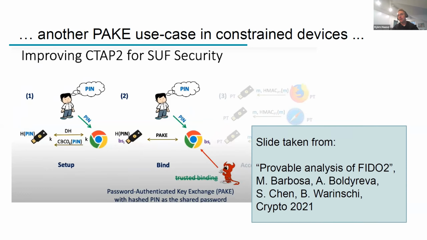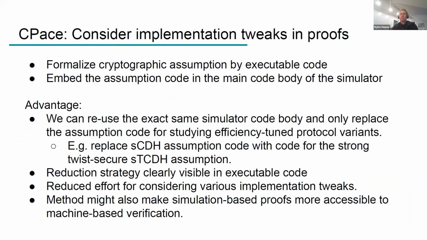And also there we have the situation that we have constrained devices, and also the interest to have a protocol which is more easily protected against side channels. So the CPace paper is mostly on the topic of a quite tedious security analysis, where we tried to capture the implementation tweaks that we have made to improve efficiency.